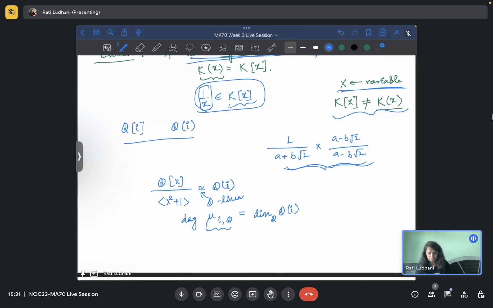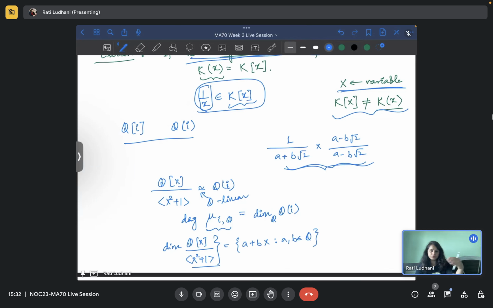Now dimensions are equal, and what is the dimension of Q[x] by x square plus 1? Actually this is a field. In this field, what you can get is just a plus bx, where a and b belong to Q, because you are going mod x square plus 1.